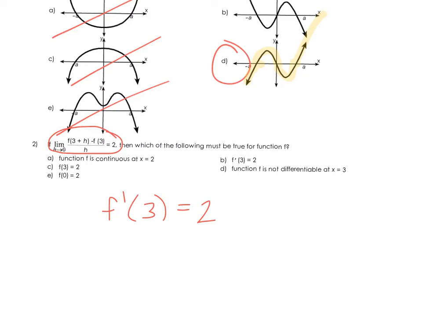The function f is continuous at x equals 2. Well, what is this asking then? Sorry, I should read the original question first. If the limit equals 2, then which of the following must be true for function f? I wrote down the answer, so this is going to be answer B.